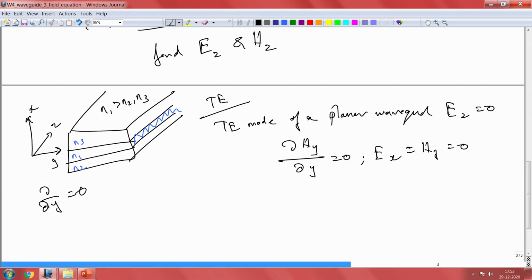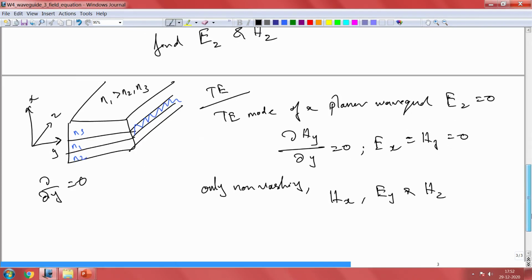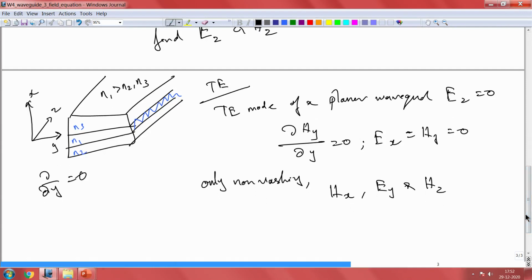So the only non-vanishing fields are Hx, Ey and Hz. So look at it. This is something we already noted. So the dou over dou y is going to be 0. So dou Hy over dou y is 0 in this case, and that will result in Ex and Hy being 0.